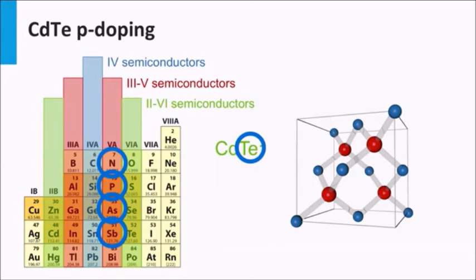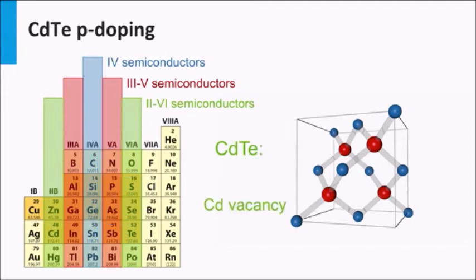They act as shallow acceptors. A cadmium vacancy acts like an acceptor as well. In solar cells, P-doped cadmium telluride is used. However, it's difficult to give cadmium telluride a very high doping level.